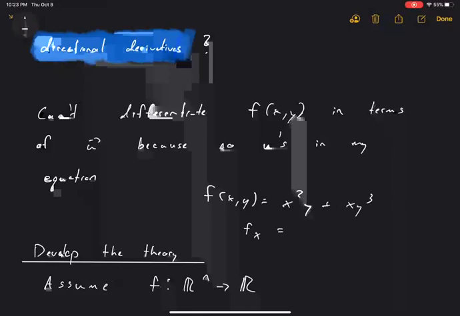I differentiate with respect to x and I leave y constant, right? But if I want to differentiate with respect to u, this vector u in this direction, that's a little more complicated because, how do I do that? How do I attack this equation to get my derivative with respect to u? There's no u's in here, so I can't just differentiate with respect to u, right? So we're kind of missing something.